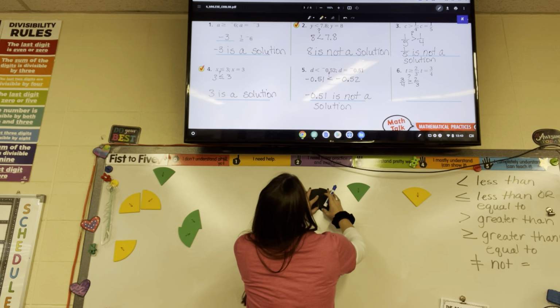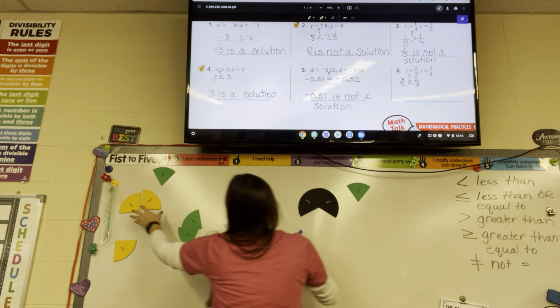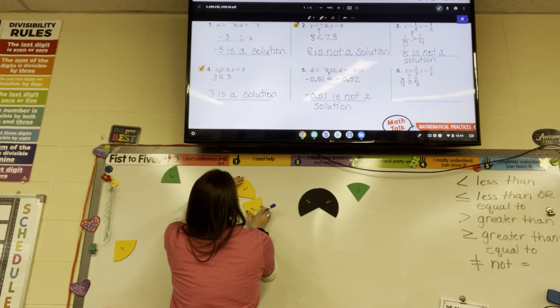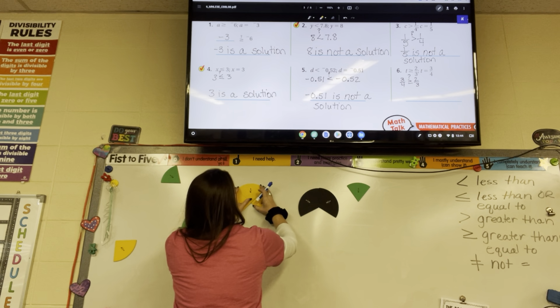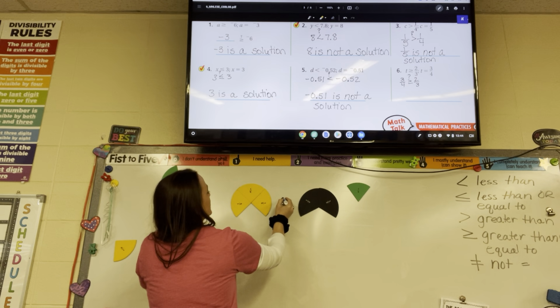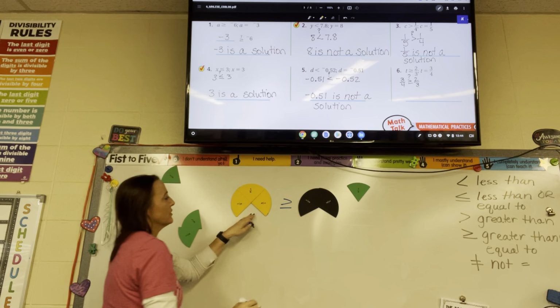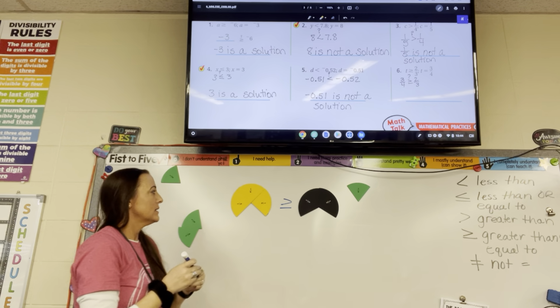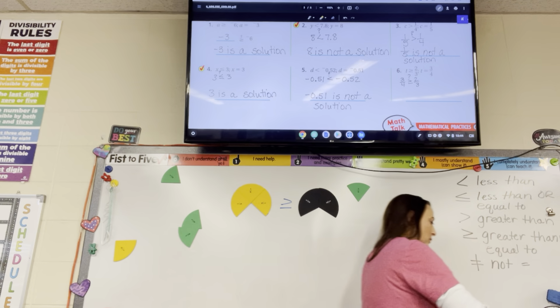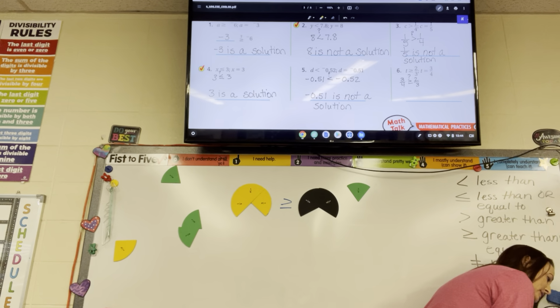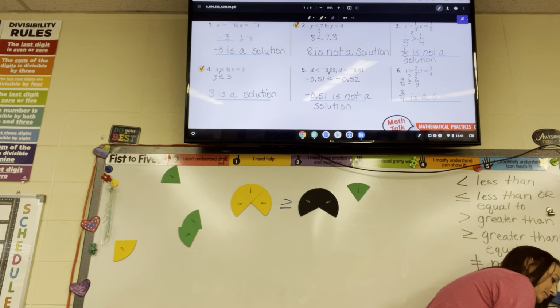They are saying 3/4 is greater than or equal to 2/3. Is this bigger than this? Yes. So 3/4 would be a solution. 3/4 is a solution.